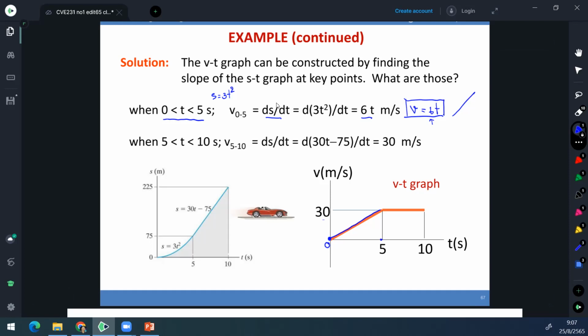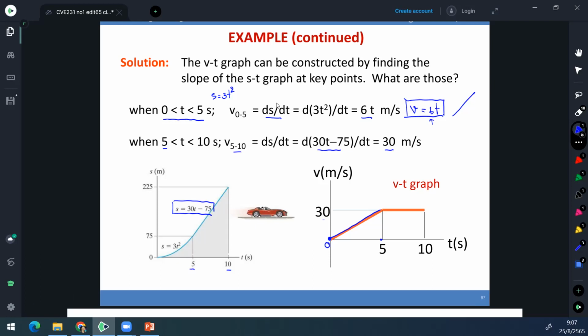For the second one, when time is 5 to 10, the position function is 30t minus 75. This is a linear function, so we take the first derivative to obtain velocity in this interval. We obtain a constant value of 30 meters per second.